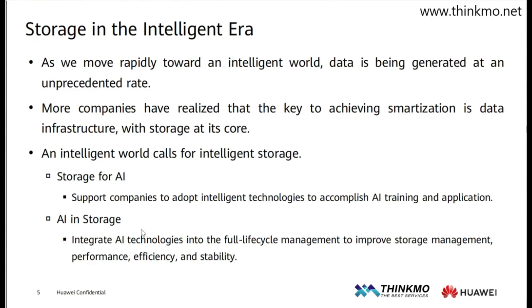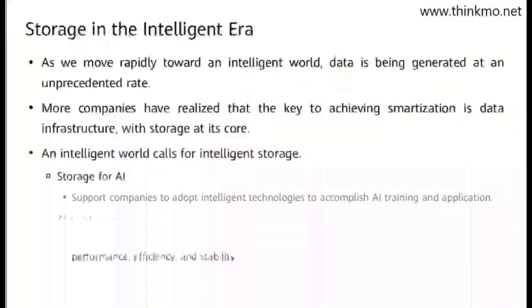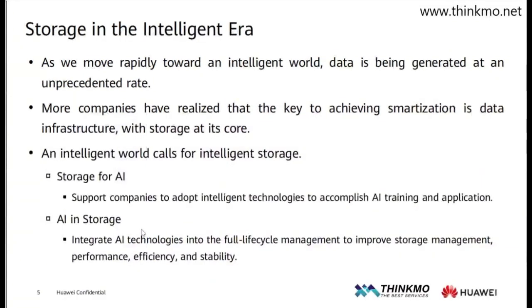We can simply use long-term cold storage. Relatively speaking, it consumes fewer resources, and as for hot data, which is frequently accessed, we can store it in something like a cache, or directly on the hard drive. If it's a disk, we can directly use a flash memory type hard drive. By using a flash memory type hard drive, we can store data directly, which allows us to have a faster read speed. This is an integration of AI with storage.